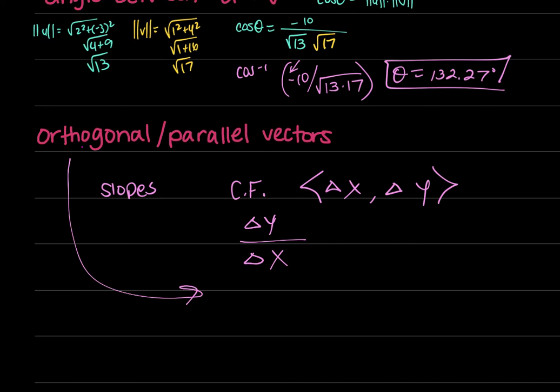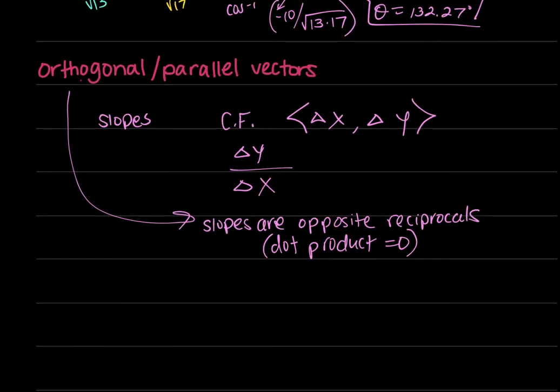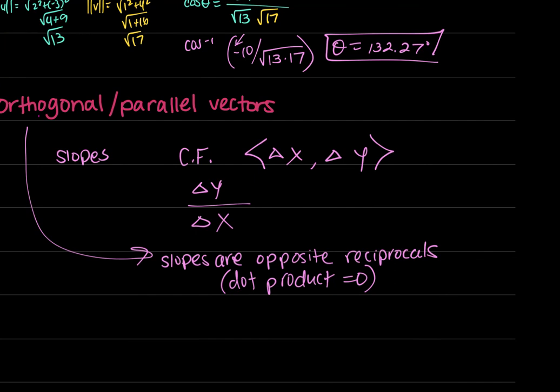For orthogonal, my slopes are opposite reciprocals, or the dot product equals 0. For parallel, they have the same slope. You can't use your dot product to figure that one out, though. So I would just set up your slopes and look at them. It's either going to be parallel, orthogonal, or neither.